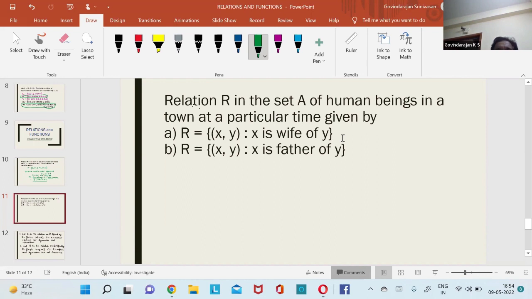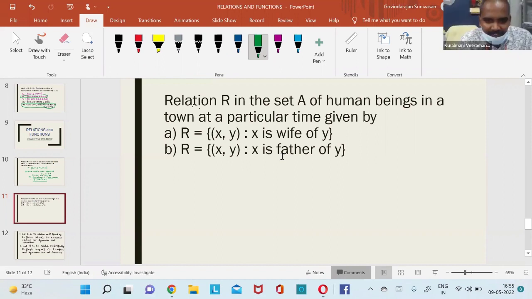The second example is (X, Y) such that X is a father of Y. Is it transitive? Yes, sir, it is transitive by using the double negation. How, sir?